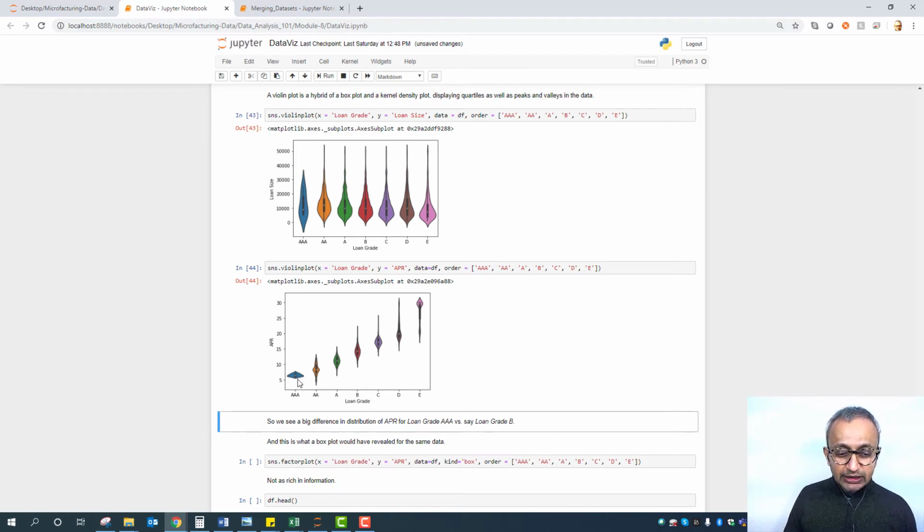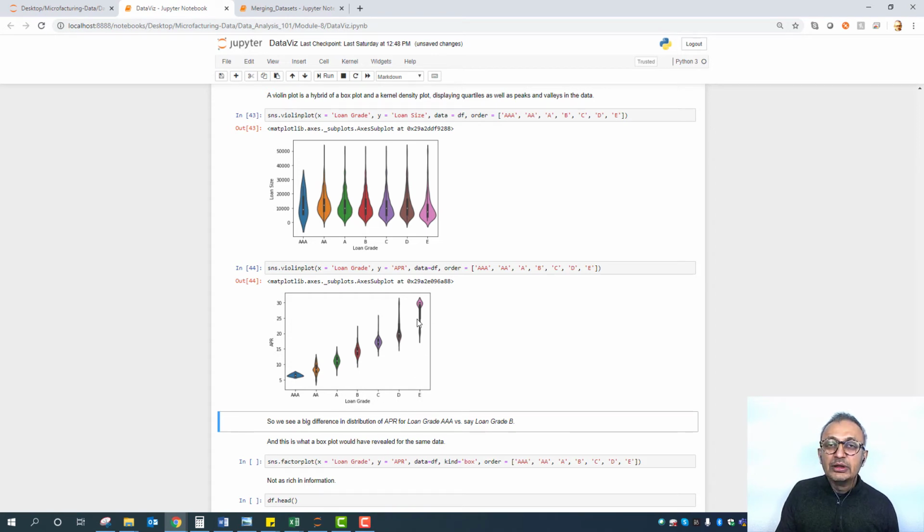You can also see that the band around this AAA rating is a lot tighter. You don't have a lot of deviation or spread in the interest rate being charged for someone with a AAA rating versus someone with, say, an E rating, right?